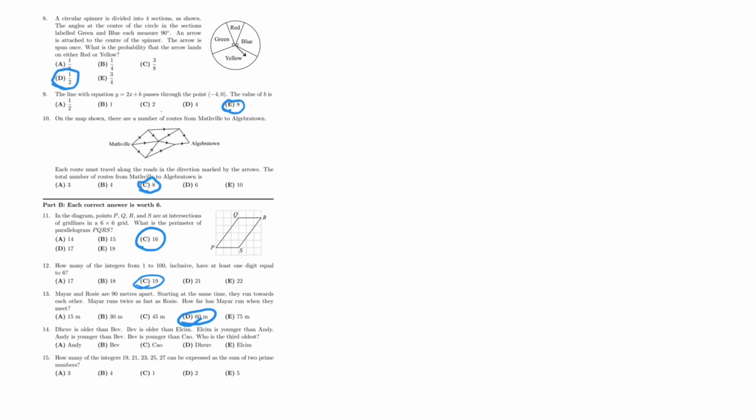Let's write down their relation. The first one is D older than Bow. D age is greater than Bow. Bow is older than Elysium. And Elysium is younger than Andy.